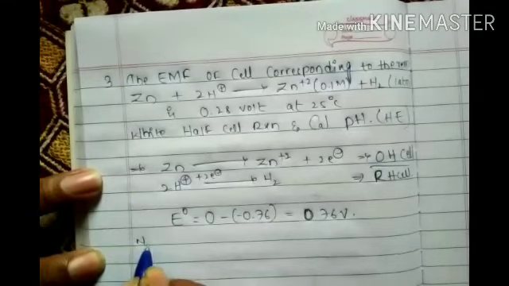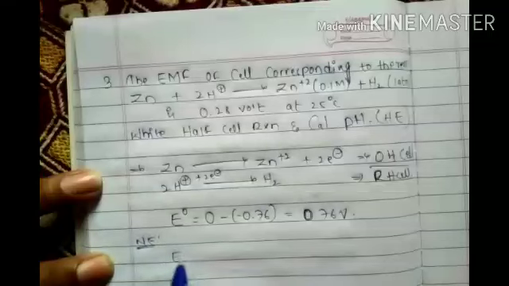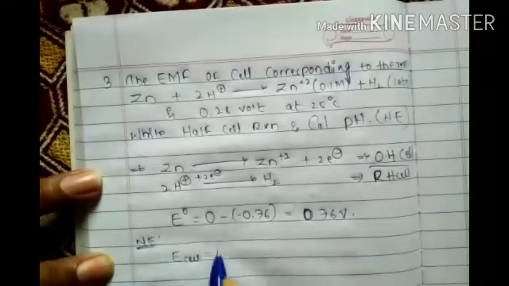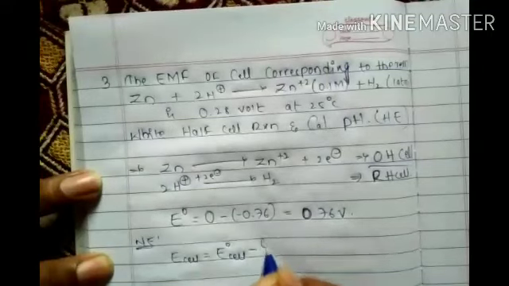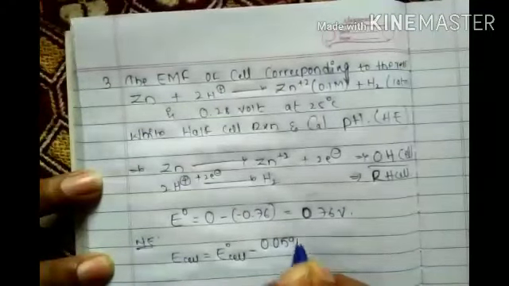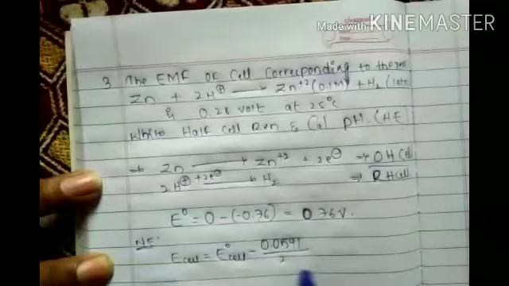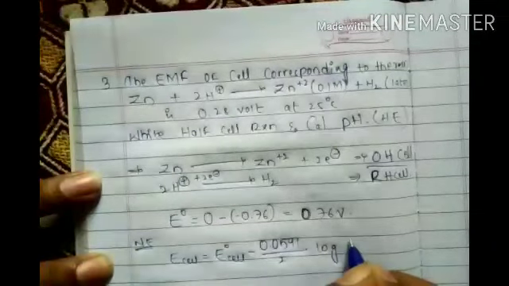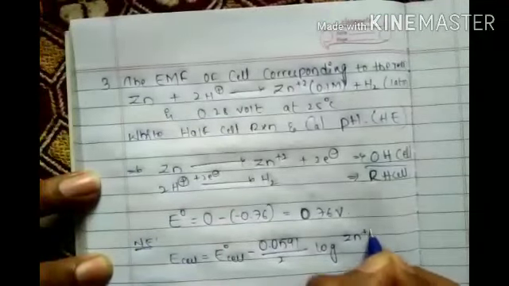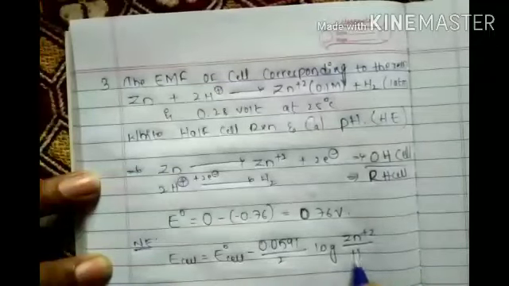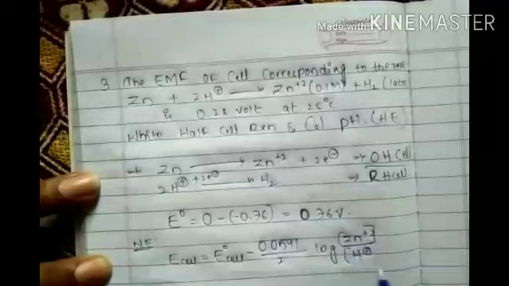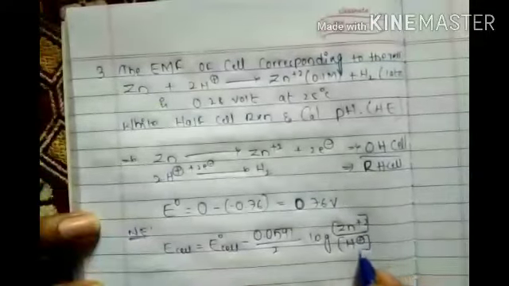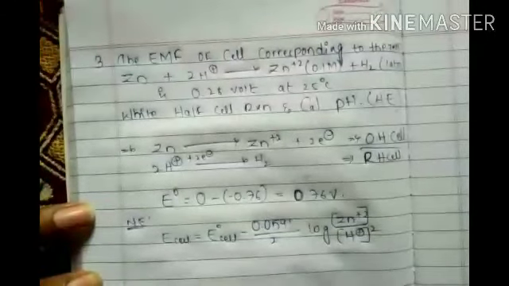Nernst equation: E cell equals to E naught cell minus 0.0591 by 2 log product Zn plus 2 by reactant H plus, H2 square.